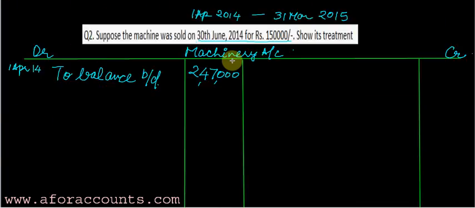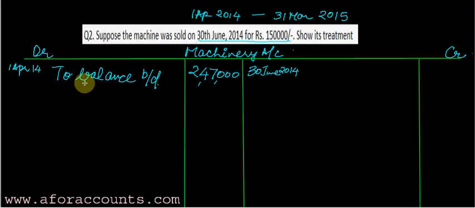Now what happened is, till 30th June I hold the machinery. So on 30th June 2014, what all happens is, I sold the machinery for 1,50,000. So bank account debit to machinery.